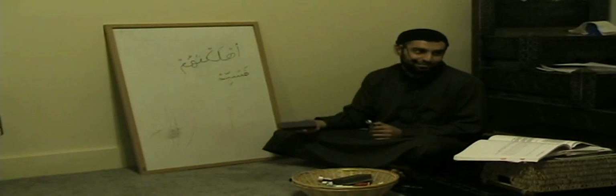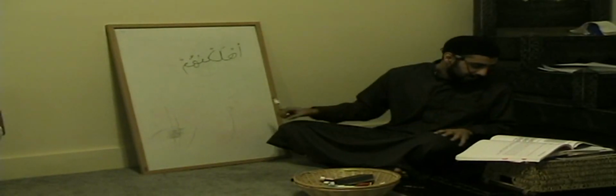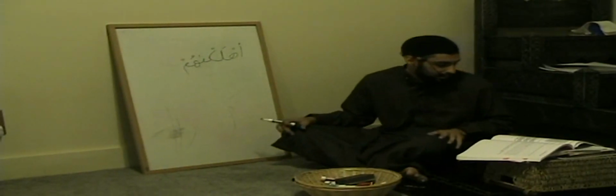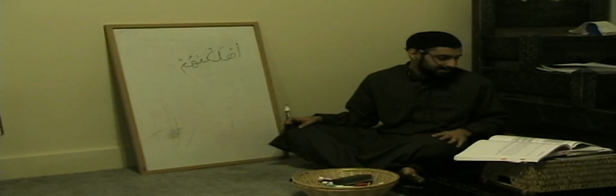If this ha wasn't here, it would be fasabbih. Okay, but this is actually fasabbih. It's tough. Okay? But we say fasabbih. That's a really good question. I should ask my teacher.